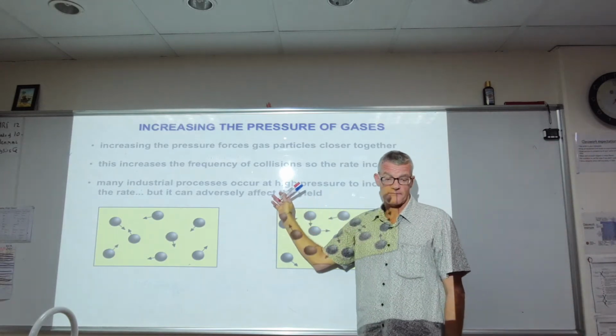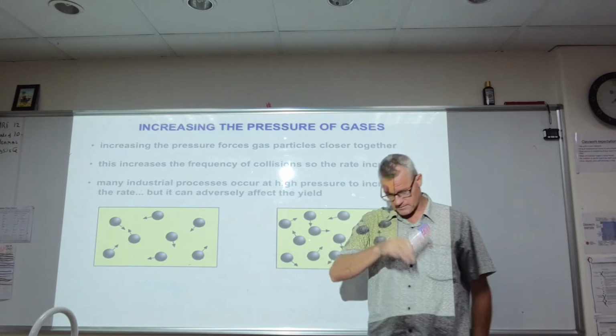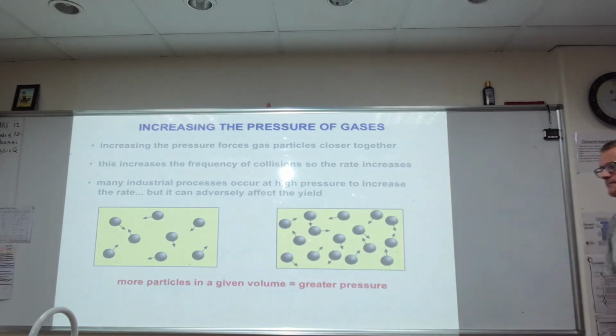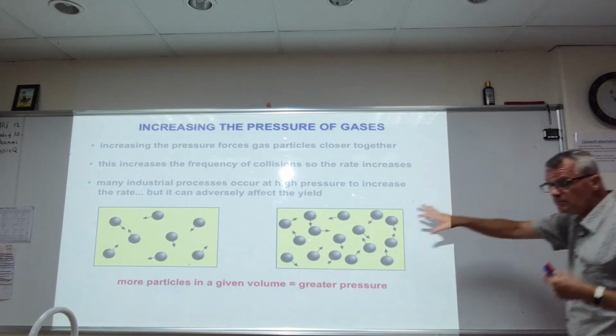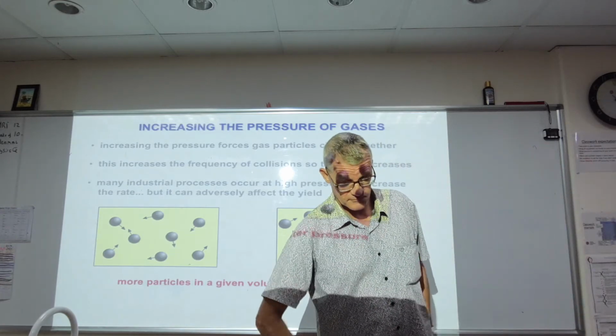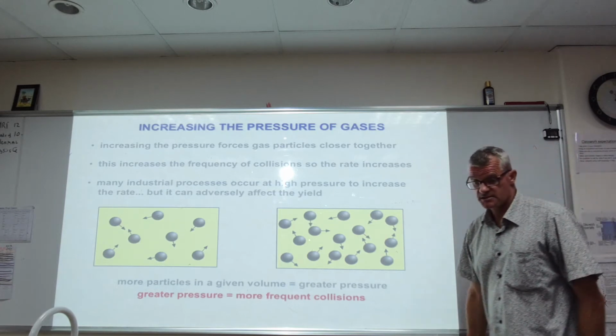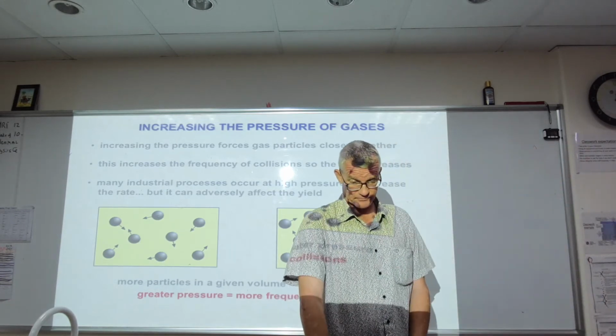But it could have an adverse effect on yield, but we're not going to discuss that. We're only talking about the rate of reaction. Okay? So, more particles in a given volume, greater pressure, more collisions, higher rate of reaction. Simple as that.